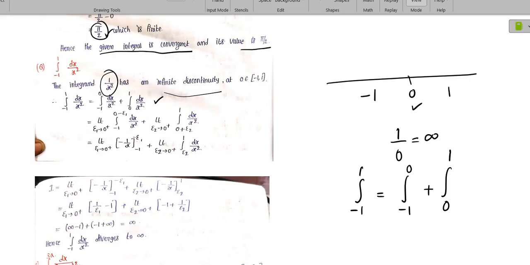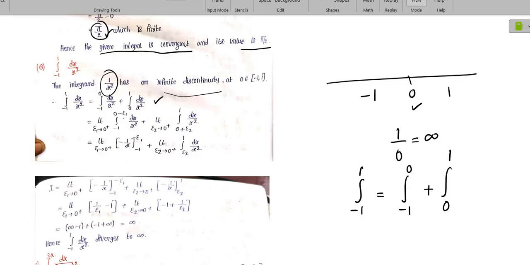So observe this step. Here I have an infinite discontinuity at the upper limit, that's why 0 minus epsilon 1. Here I have an infinite discontinuity at the lower limit, that's why 0 plus epsilon 2. If I have an infinite discontinuity at the upper limit, then I write 0 minus epsilon 1.